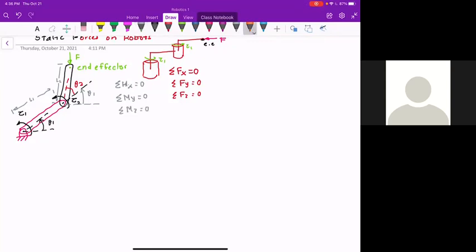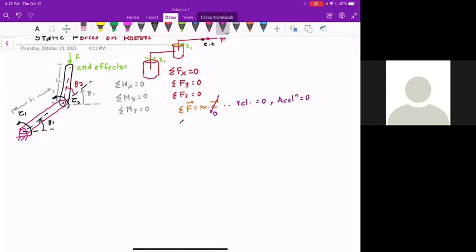Now, I just want to extend this a little bit to give you an idea. If you think about Newton's laws, summation of forces is equal to mass times acceleration. In this particular case, the acceleration is 0. So velocities are equal to 0, acceleration is equal to 0.